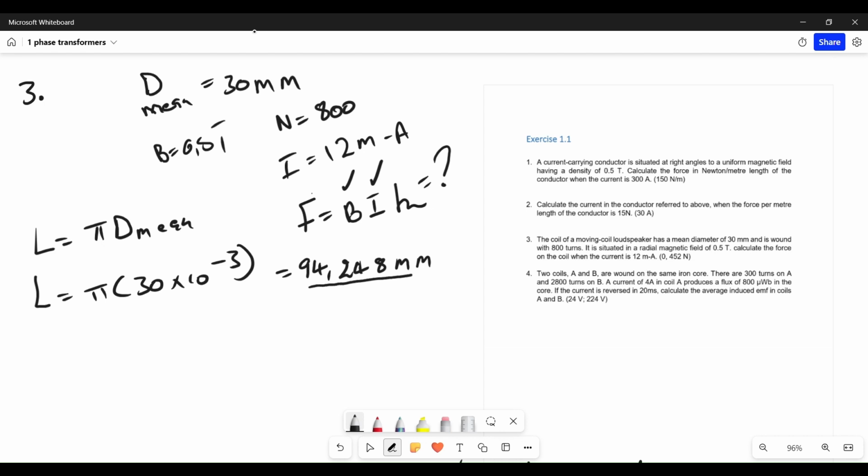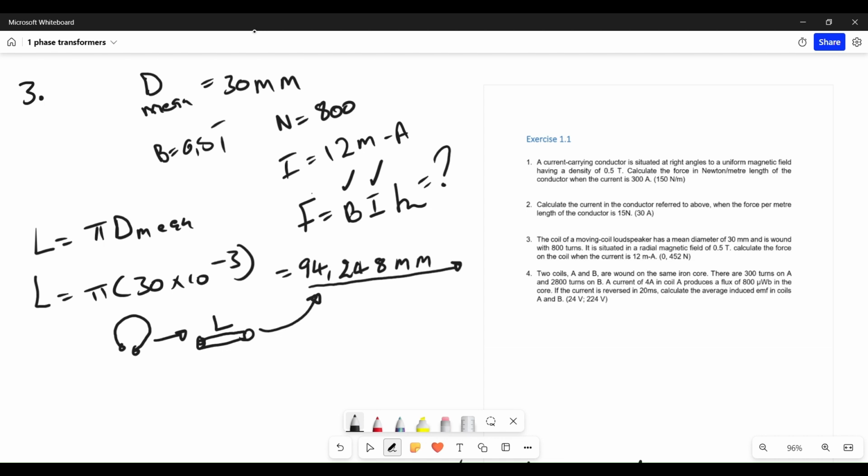Okay, so this tells us that inside one turn of our coil, the length of one turn, the L, is this.